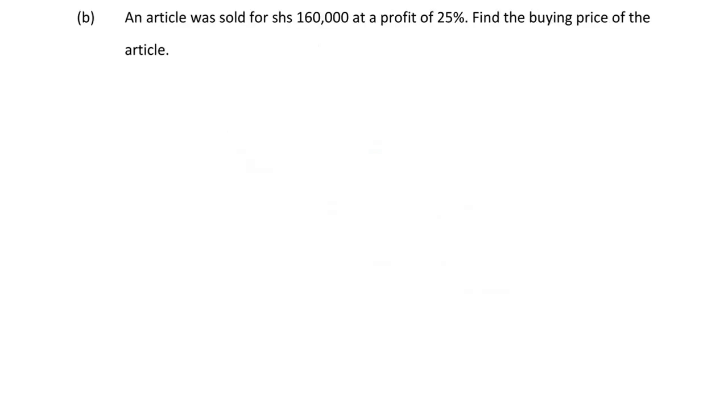Part B of the question: an article was sold for Tanzanian shillings 160,000 at a profit of 25%. We are supposed to find the buying price of the article. Okay, so this is the profit and loss problem. First we let y equal the buying price.